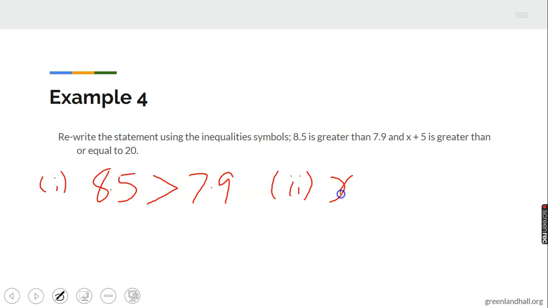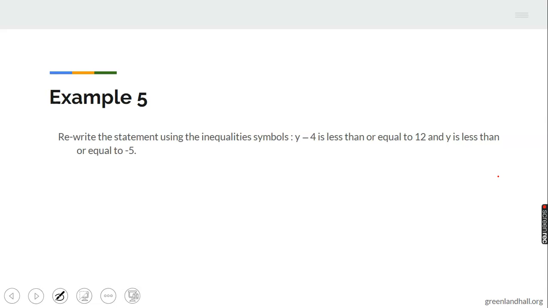You just write x plus 5 is greater than or equal to 20. So the one to the right is greater than. The one to the left is what? Less than.